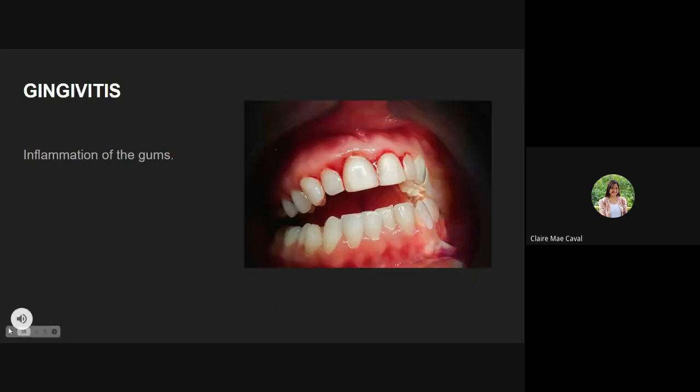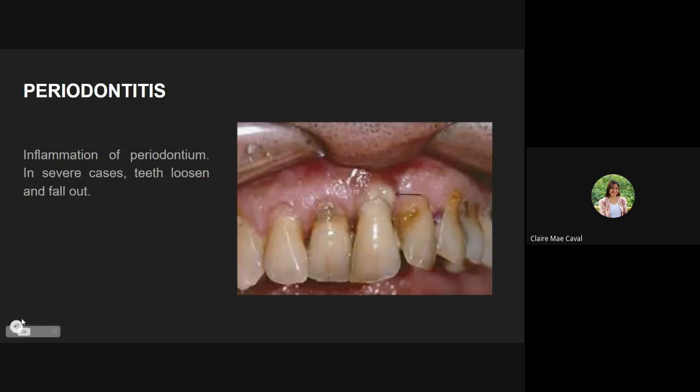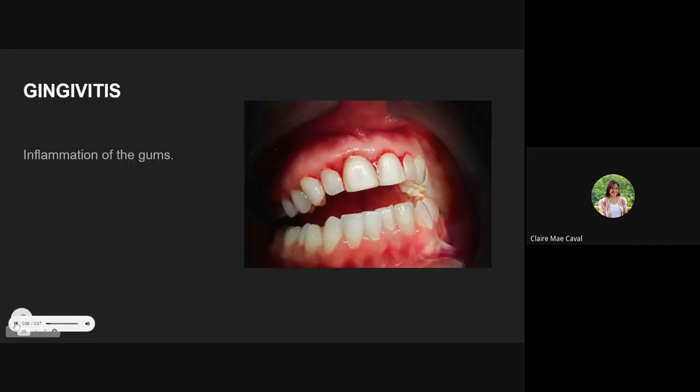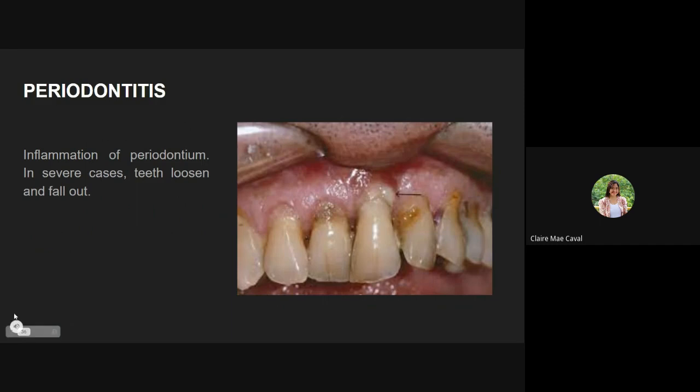Next is gingivitis. It's the inflammation of the gingiva or the gums. Next is periodontitis, an inflammation of the periodontium.